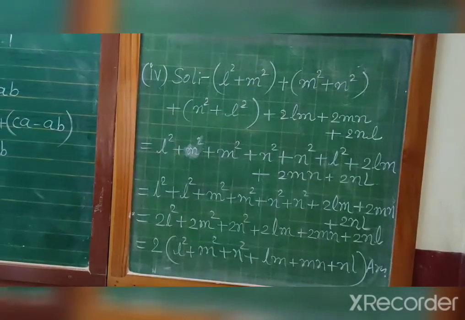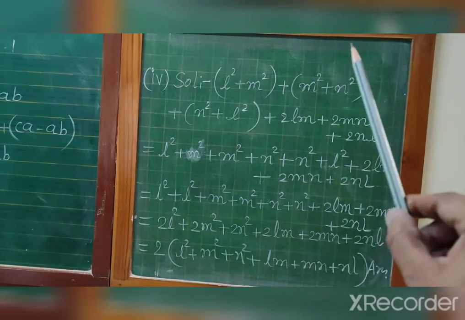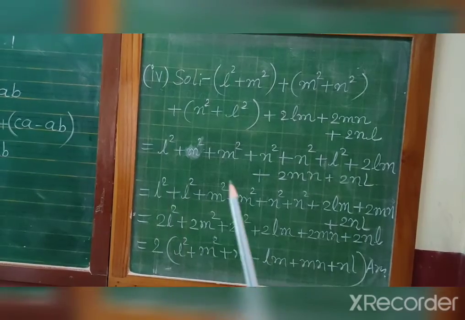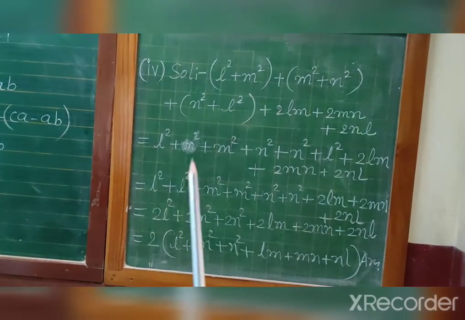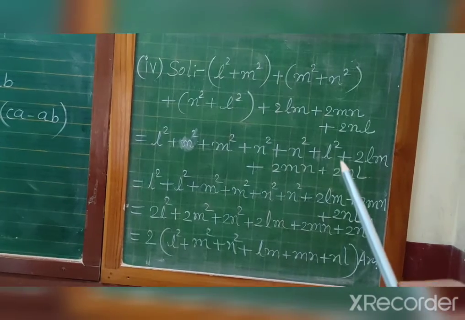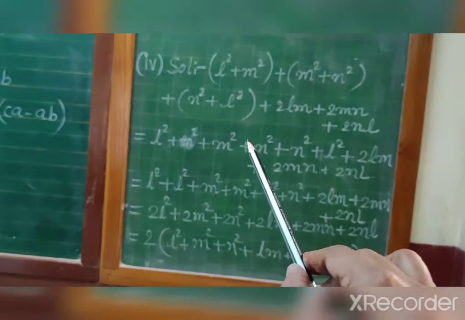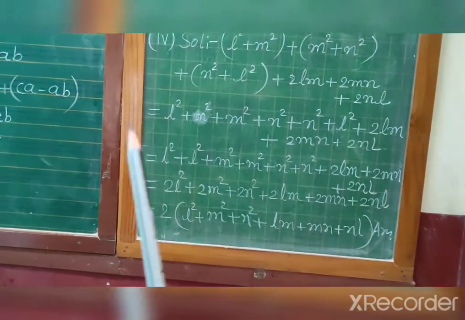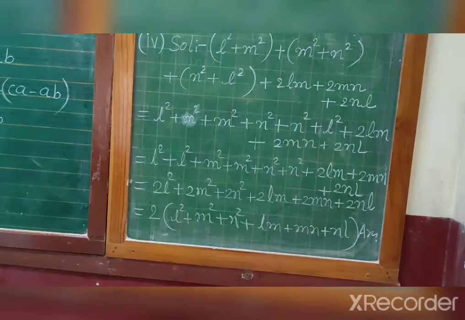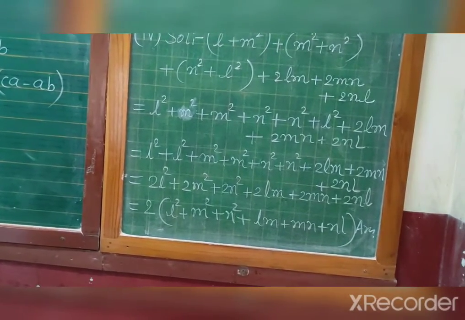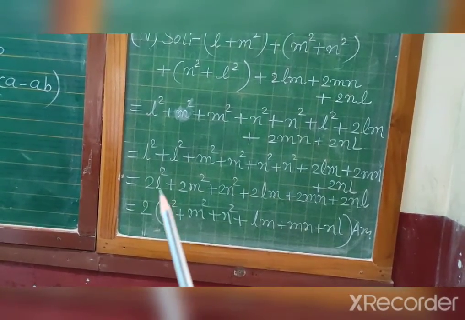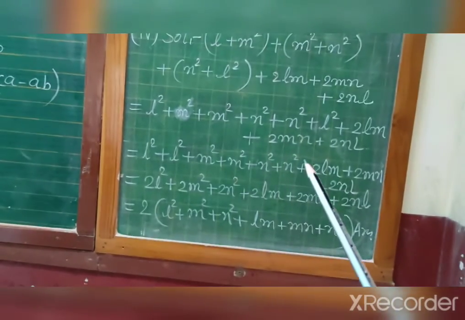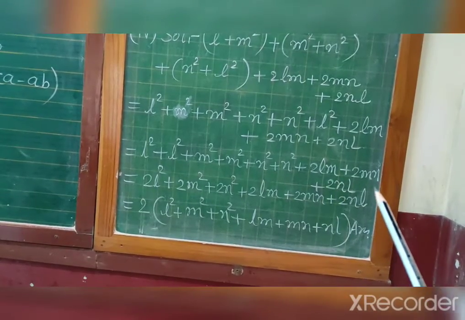Open the bracket and collect like terms: L square plus L square, m square plus m square, n square plus n square, and the rest of the terms as they are. For L square, nothing is written as coefficient, so we assume 1. So 1 plus 1 is 2. So 2L square plus 2m square plus 2n square plus 2lm plus 2mn plus 2nl.